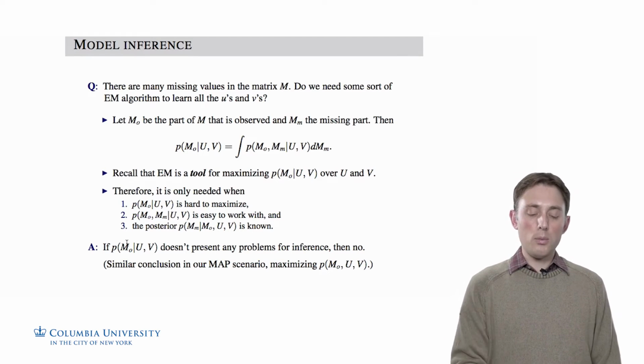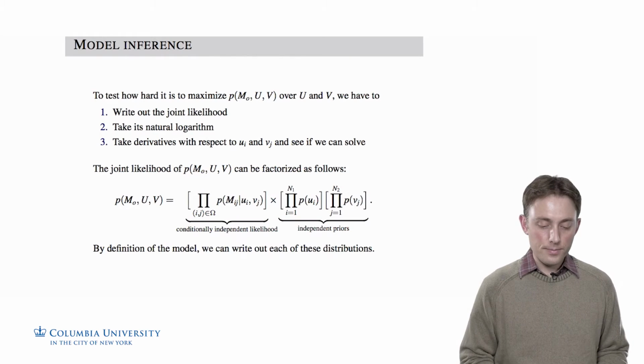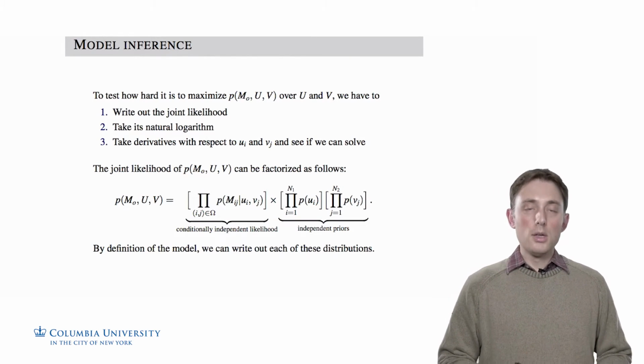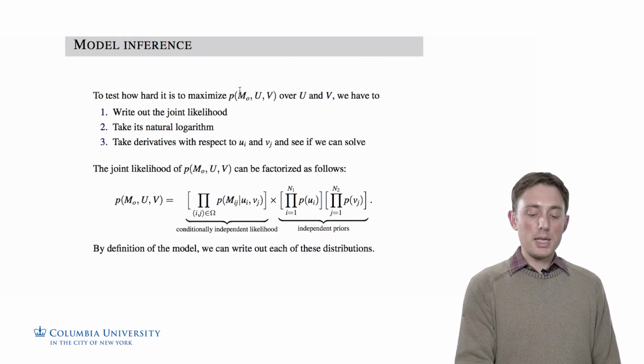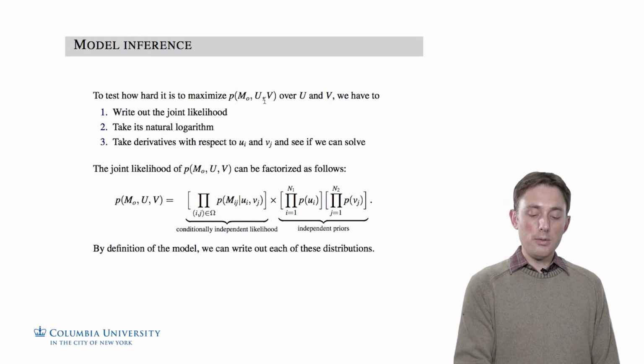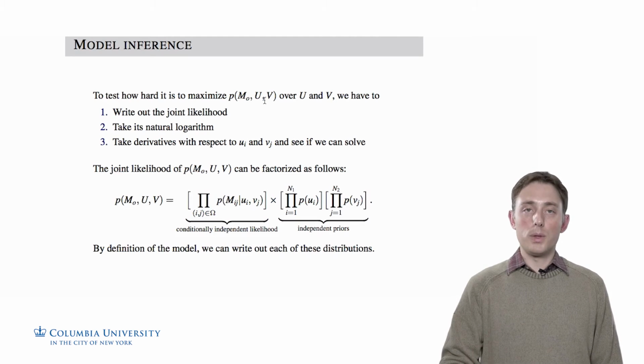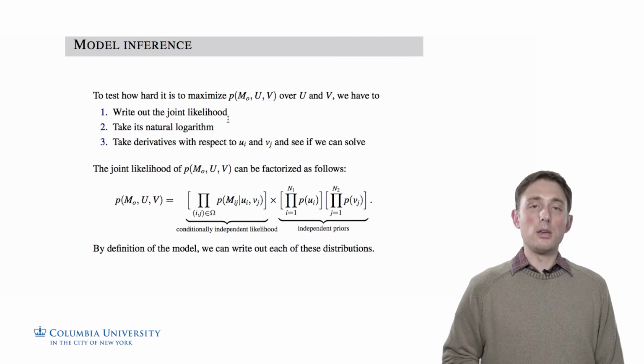So we have to look at what this likelihood looks like. To test how hard it's going to be to maximize the joint likelihood of the observations over the user locations and the object locations, U and V, we have to do the following three steps. We have to write out the joint likelihood.